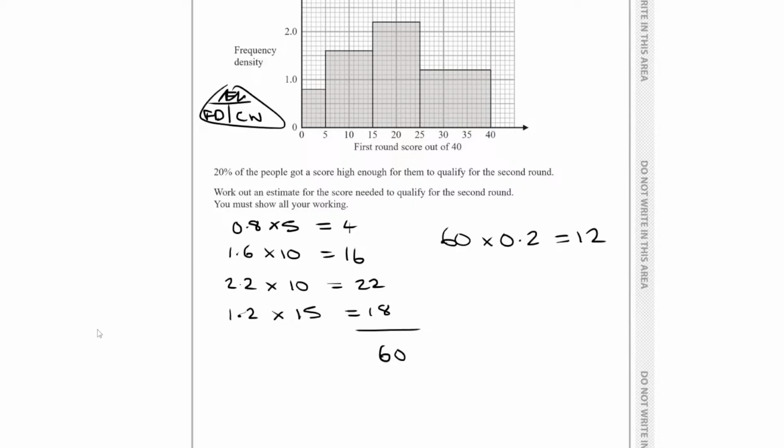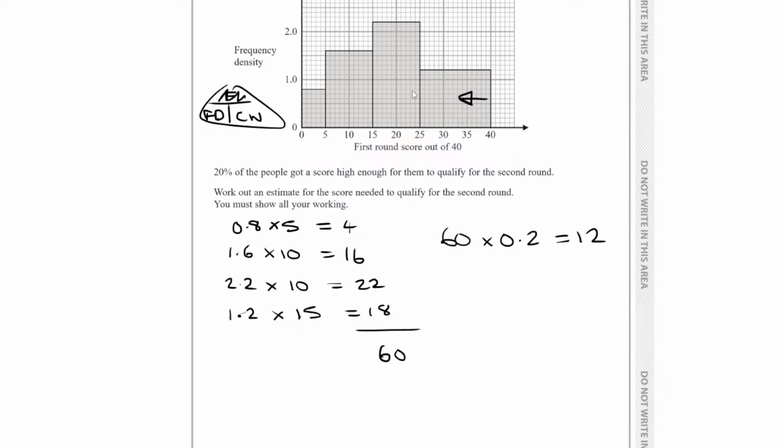So after that, we then need to find out, well, obviously that's within this bar here, somewhere between the 25 and 40, but how far? So this is frequency. I want to find out the class width, don't I? I'm going to count backwards from 40, because the top mark is 40.